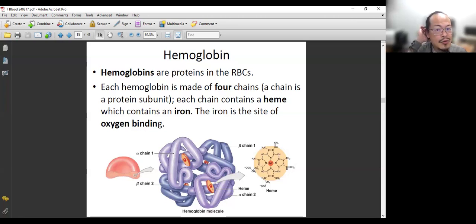This is how we capture the oxygen, because in the heme we have an iron. Oxygen can attach to iron, and so each hemoglobin can carry 4 oxygen maximum. So that's hemoglobin. That's what you need to know.